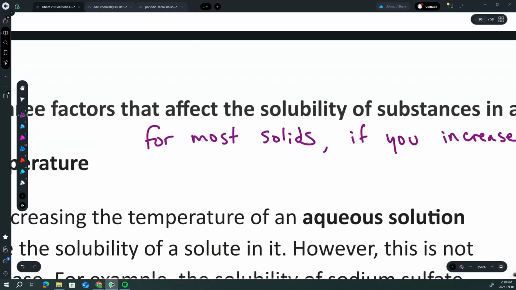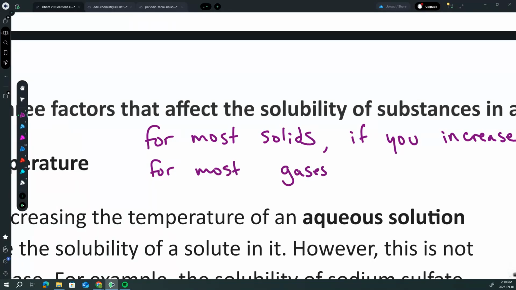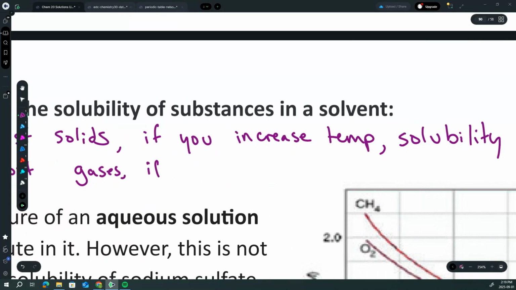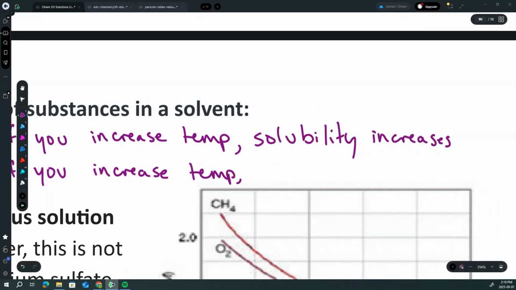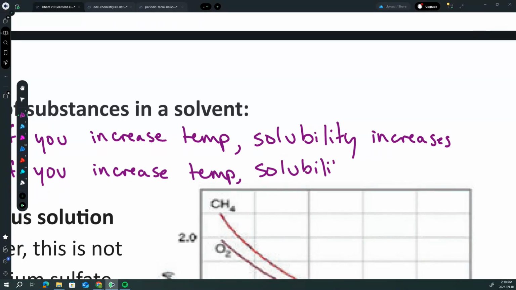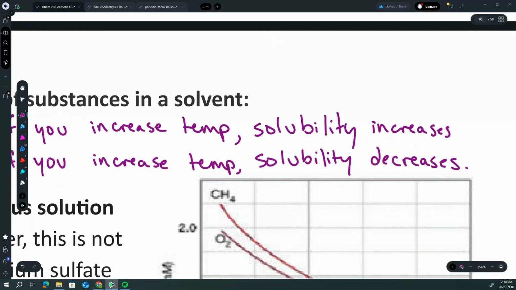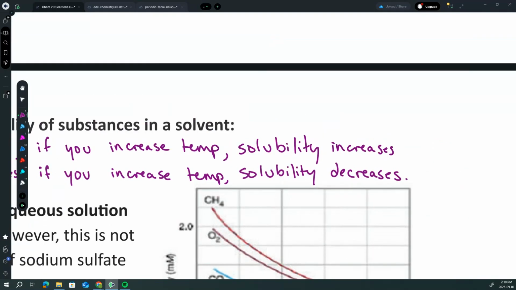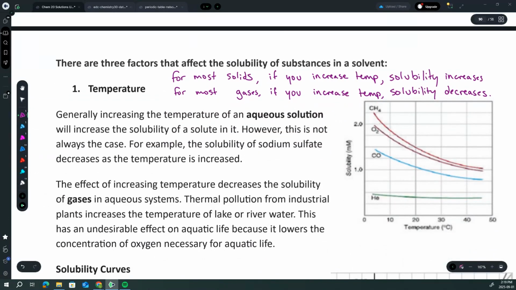However, for most gases, if you increase temperature, solubility decreases. So that's the main idea that they're trying to say here.